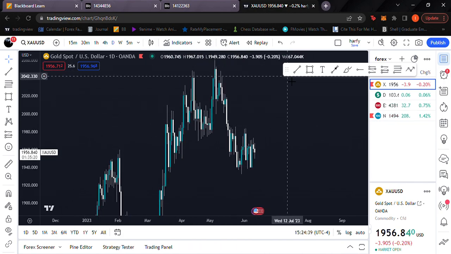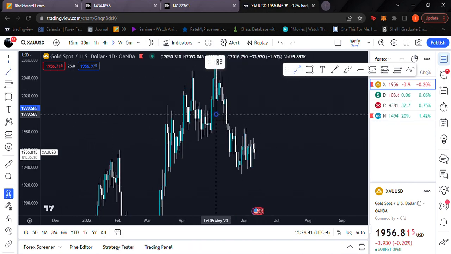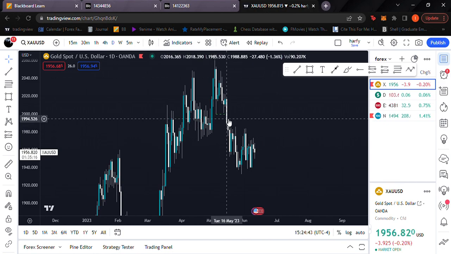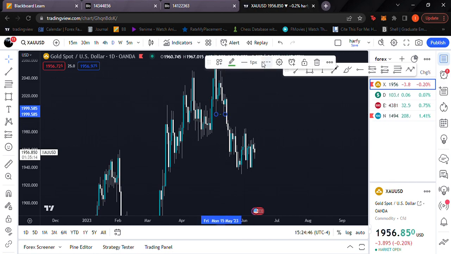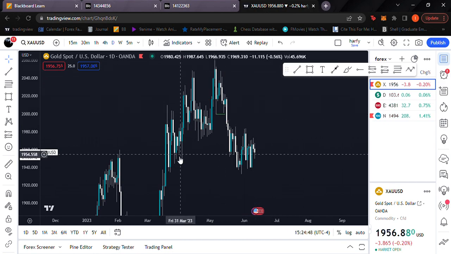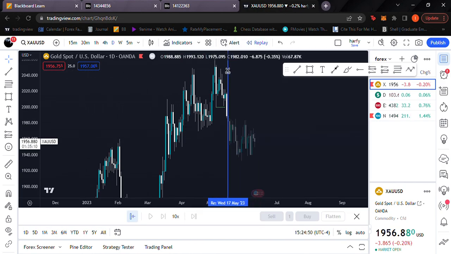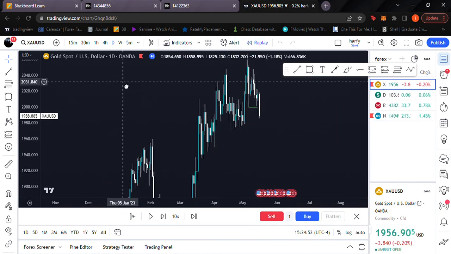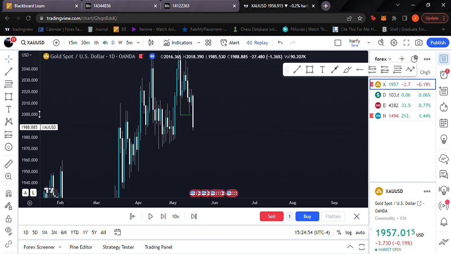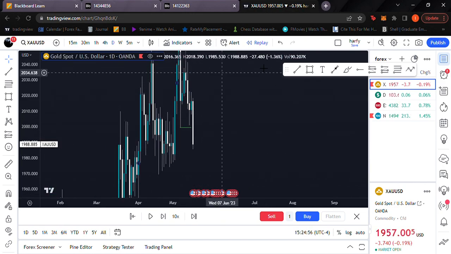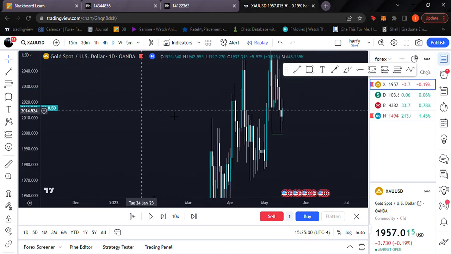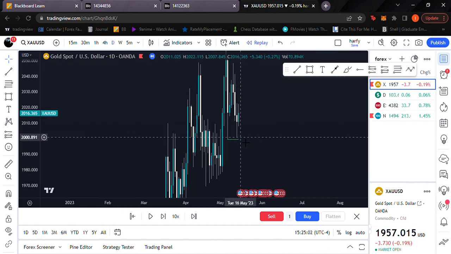Essentially, these are two equal lows here, and you use this as a target. So when you see these two equal lows here and price looking something like this, you'll be interested in that.